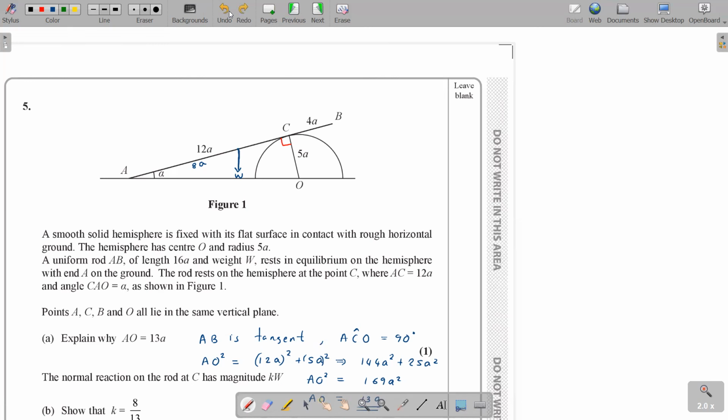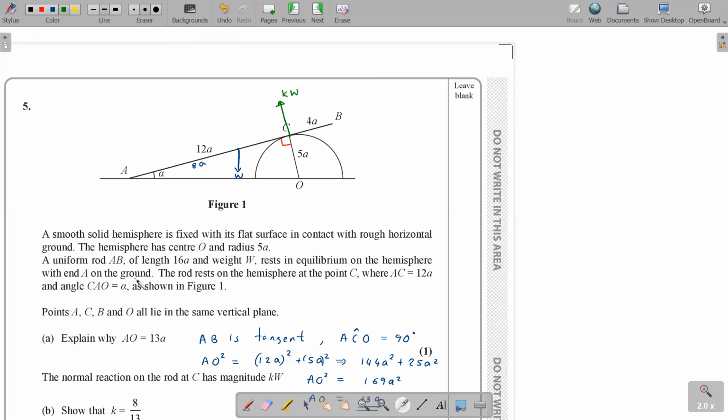And when you mark a normal reaction, the rule is that it always acts perpendicular to the surface that we are touching. The rod is touching the hemisphere, so at that point, to the hemisphere, you must draw a perpendicular. So this is the normal reaction KW. Is that okay? And then what else do we have?